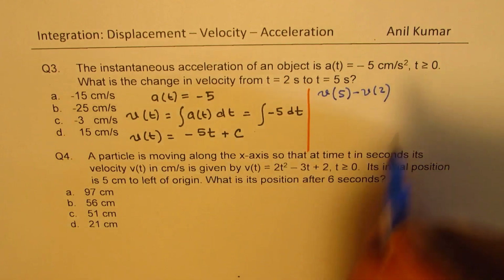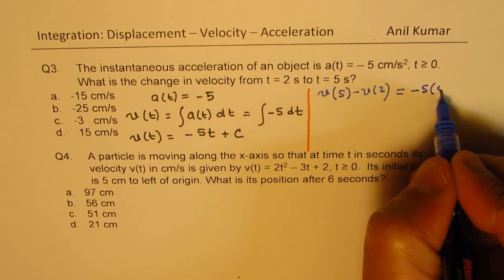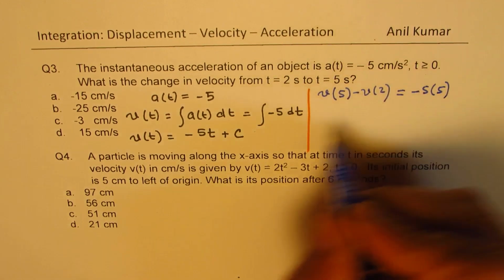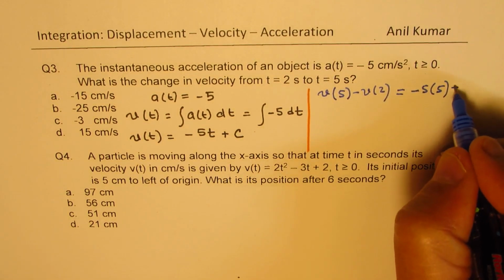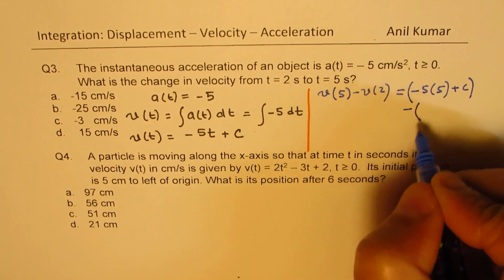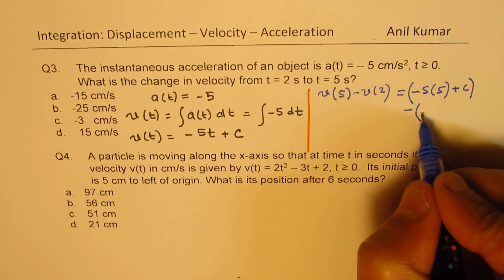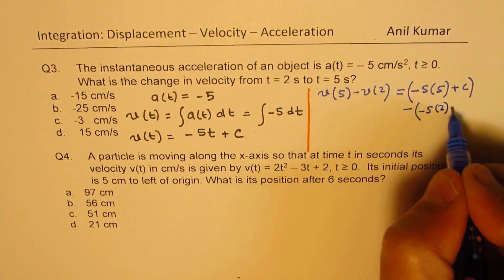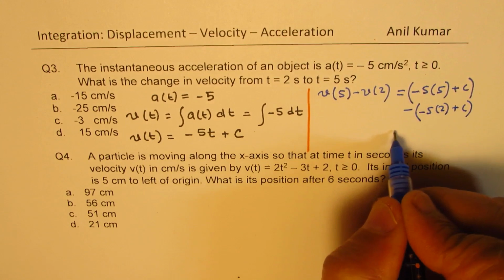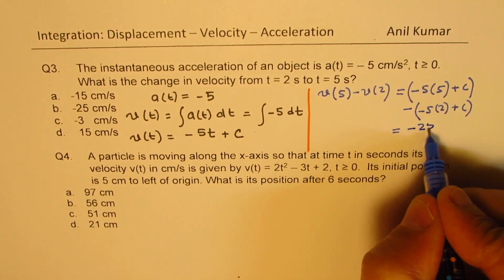So substituting those values here, we get minus 5 times 5, right? That c will cancel. You may write plus c, okay? Take away. Writing 2 here in this equation, we get minus 5 times 2 plus c. So when you calculate this, minus 5 times 5 is minus 25.